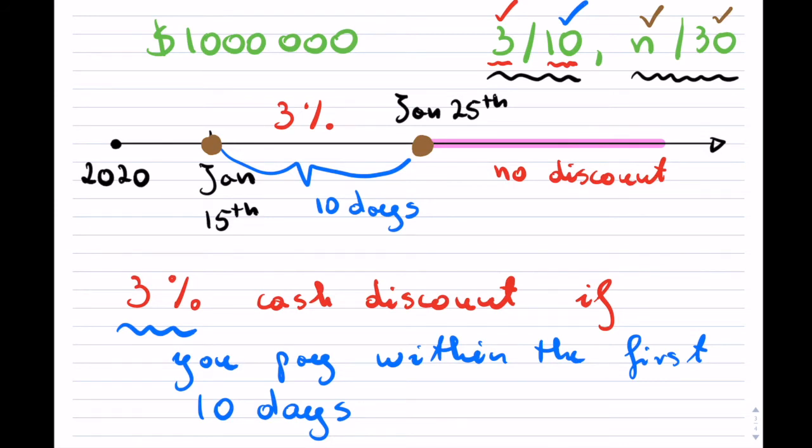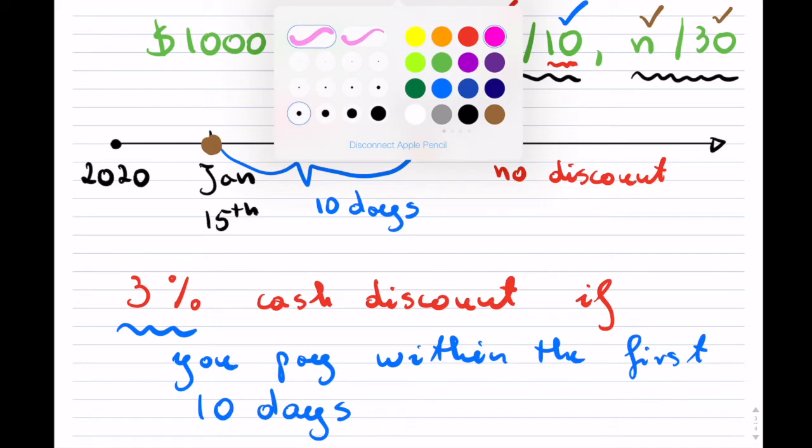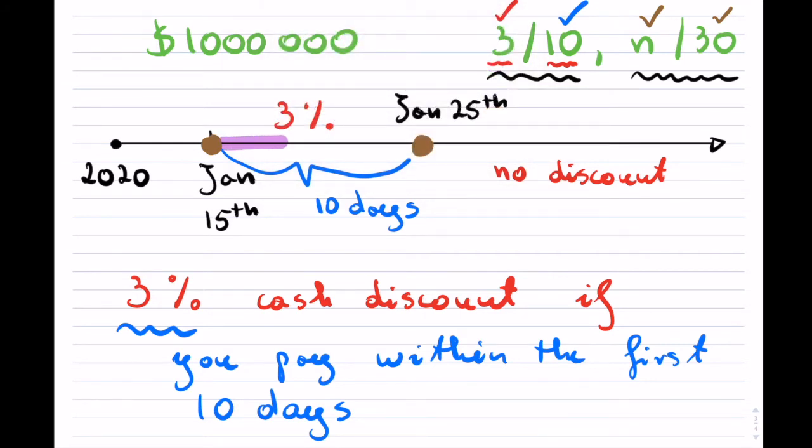So what you have is that your actual payment, the total, has to be paid within 30 days. So this is going to end somewhere down here, and you can count the days, right? So January 25th was the 10th day, and then January 26th is the 11th, 27th is the 12th, and so on.